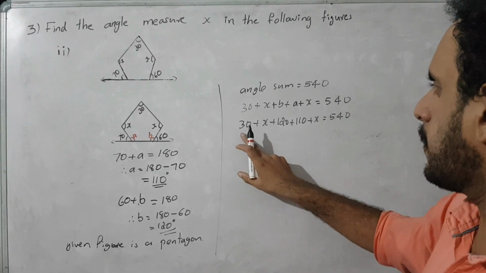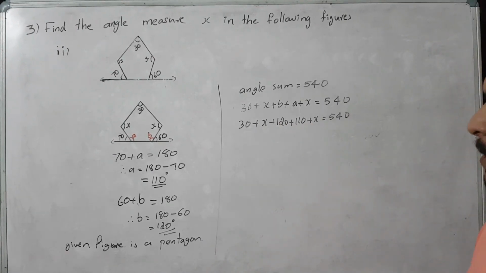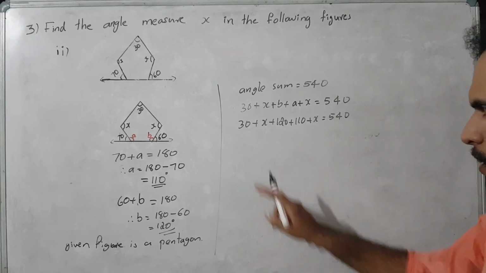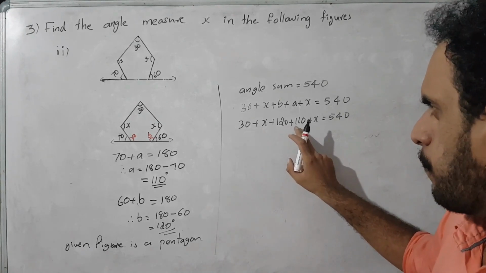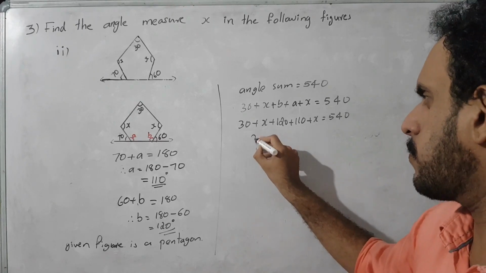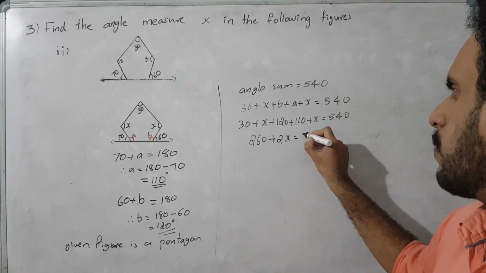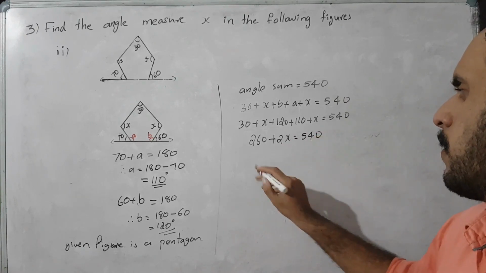What is 30 plus 120? That is 150. 150 plus 110 is 260. Plus x plus x, which is 2x, is equal to 540.